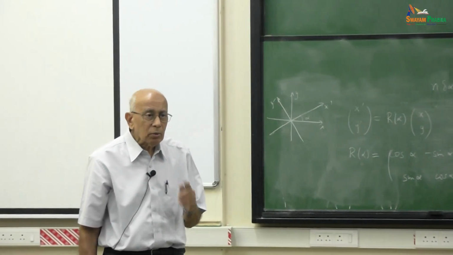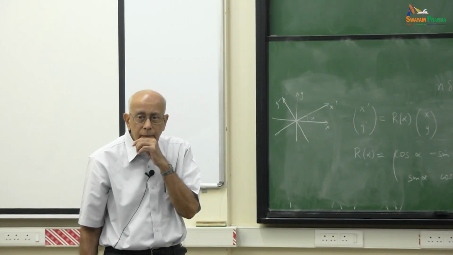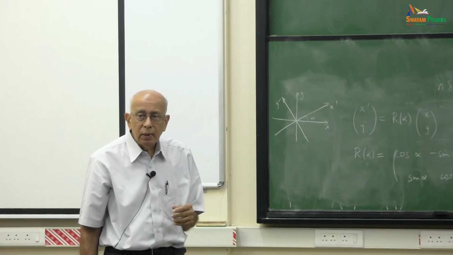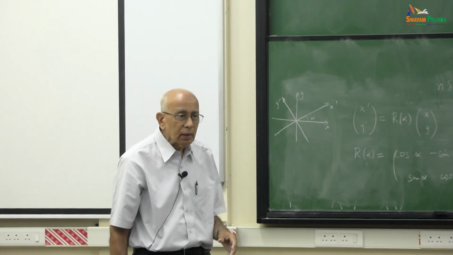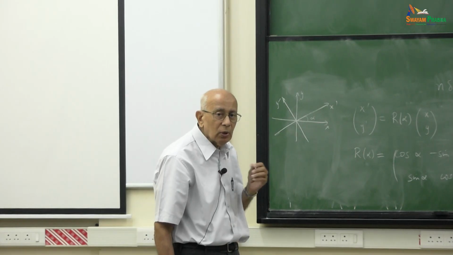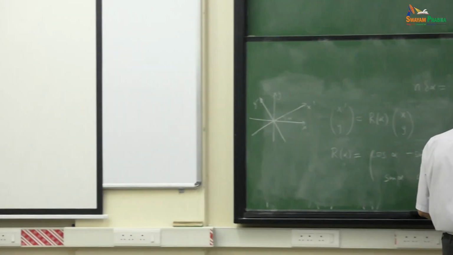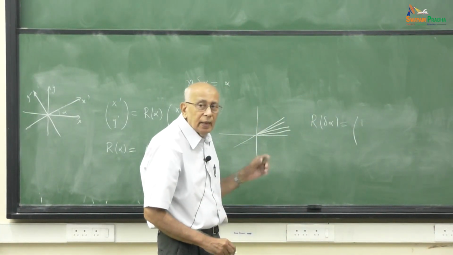What is cos x to first order in x? What's the series for cos x? 1 minus... The next term is x squared, it's second order in delta alpha. So what's the cos alpha to first order in delta alpha? 1. What's sin alpha?